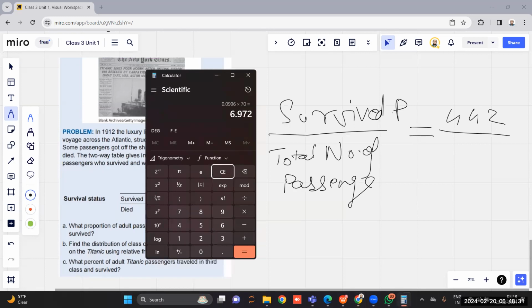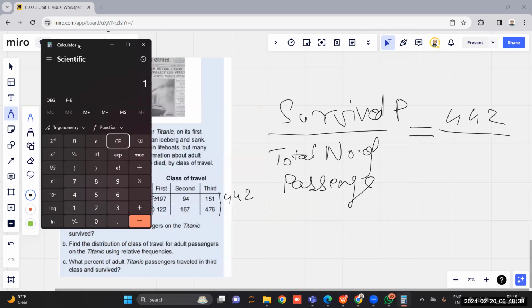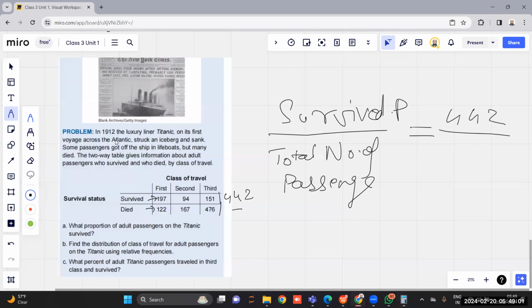So 442 divided by 1,207. 122 plus 167 plus... you have calculated the percentage also: 36.61%. Good. A mobile calculator performs better, easy to use.